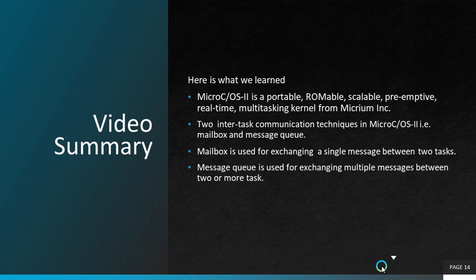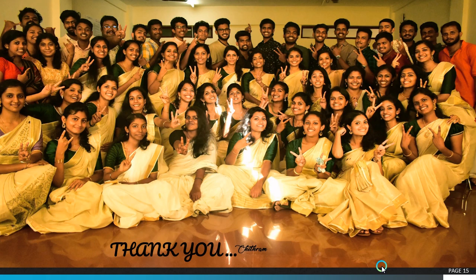There are two inter-task communication techniques we have seen: the first one is the mailbox and the second is the message queue. The main difference is that a mailbox is used for exchanging a single message between two tasks, but the message queue exchanges messages between two or more tasks. So here we conclude. Thank you.